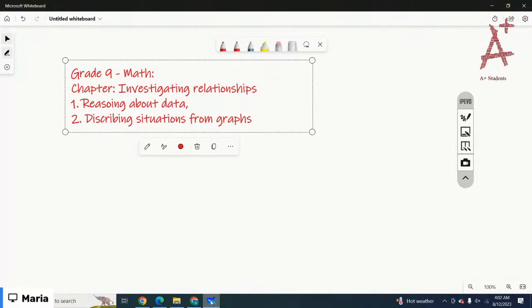So, we are here for grade 9 math. We are working on the book Nelson Principles of Mathematics, grade 9.